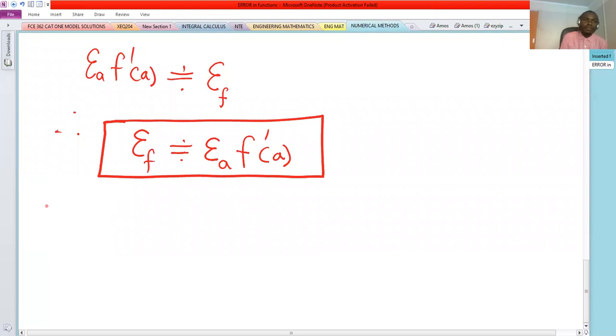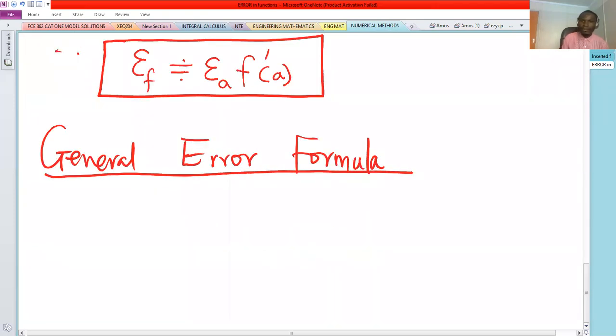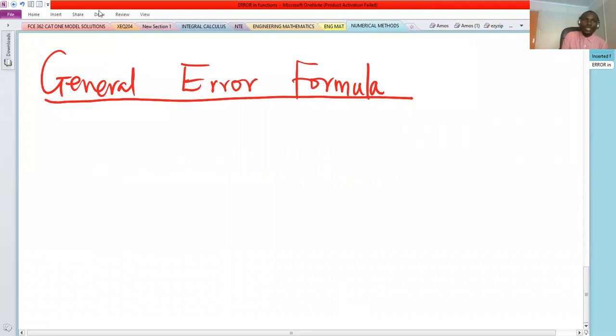Case 2, the general error formula. In the first case, we derived the error for a function of a single variable. But now let's see how we define the error if we have a function of several variables.